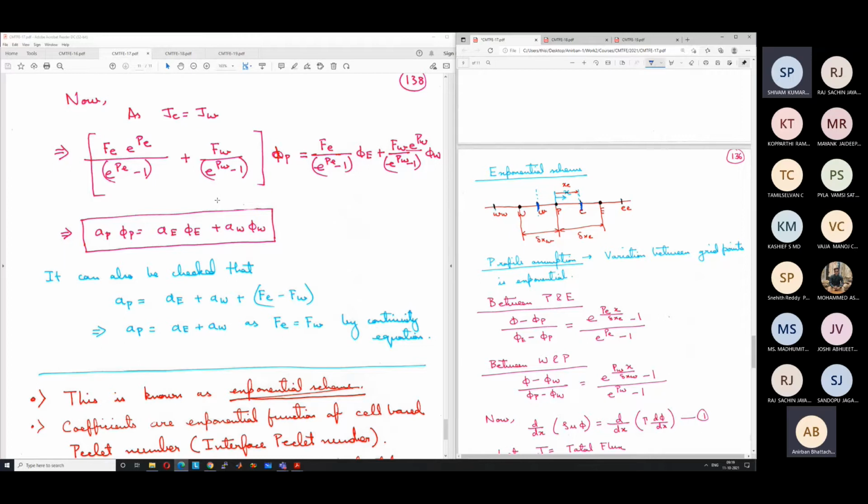So it's a numerically expensive process. And for each grid point, you need to calculate two exponentials, right? So for point P, I need e to the power PE and e to the power PW. So it takes a lot of time to calculate each of these exponentials. If I have 1000 grid points, it will take a lot of time to calculate these exponentials.